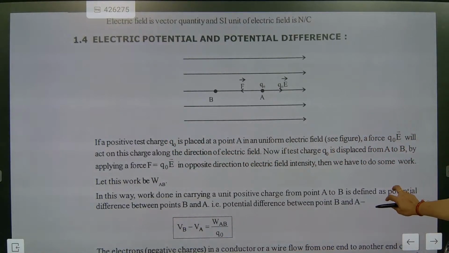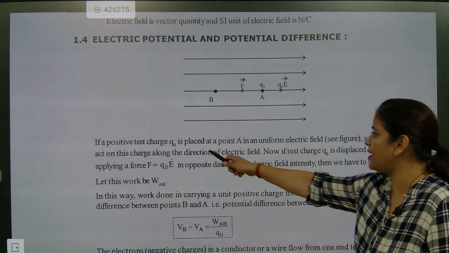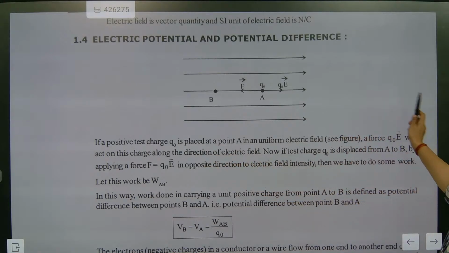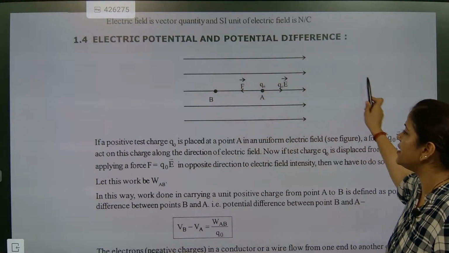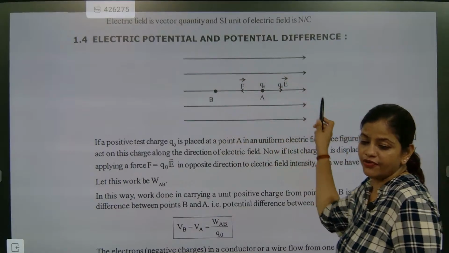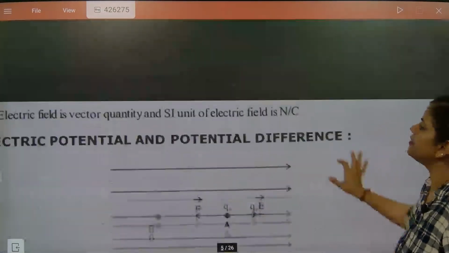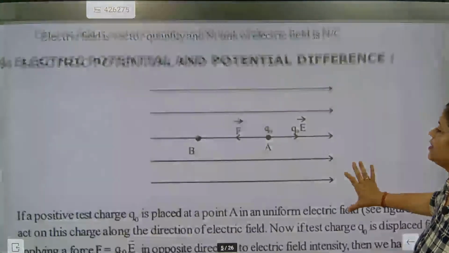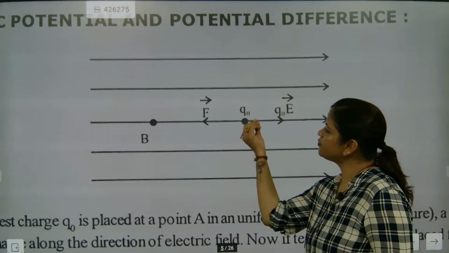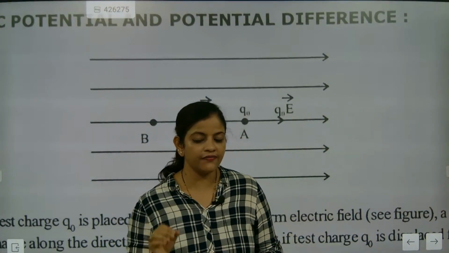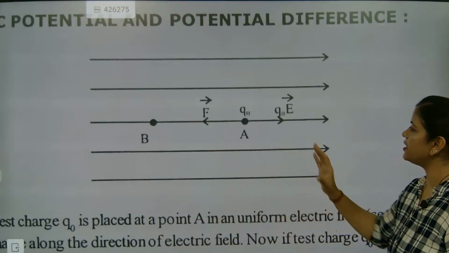Now look here. If a positive test charge is placed at a point A in a uniform electric field, so this is exactly a uniform electric field. In this uniform electric field, you can see this point charge Q, and we are keeping this point charge here.